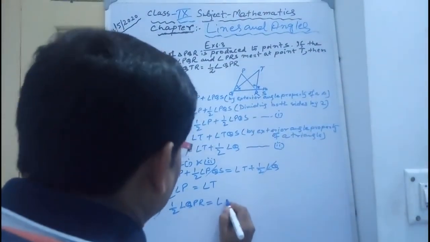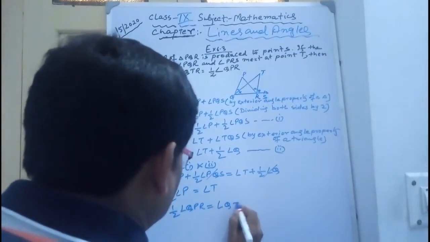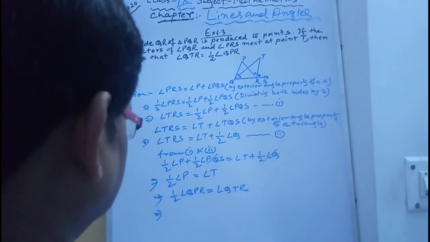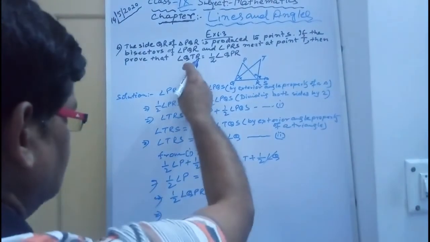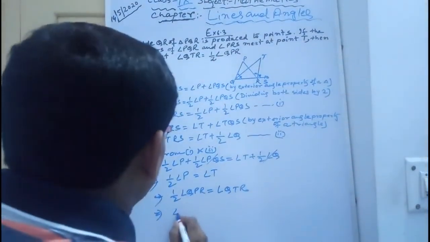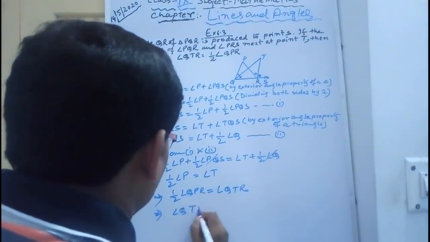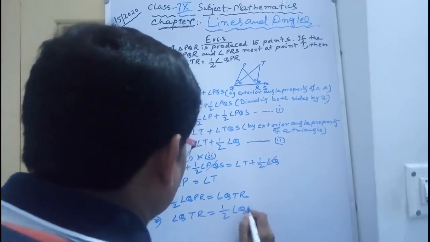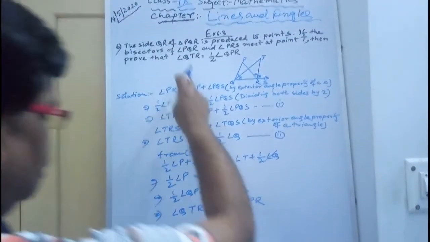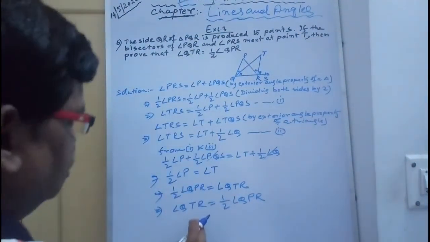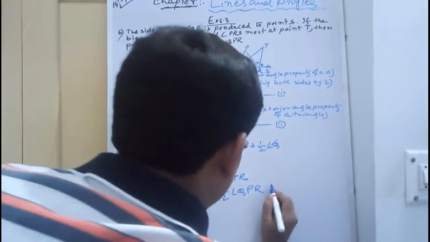So angle QTR equals half angle QPR. Let's change it: angle QTR equals 1 by 2 angle QPR, which we had to prove. So we got it right here.